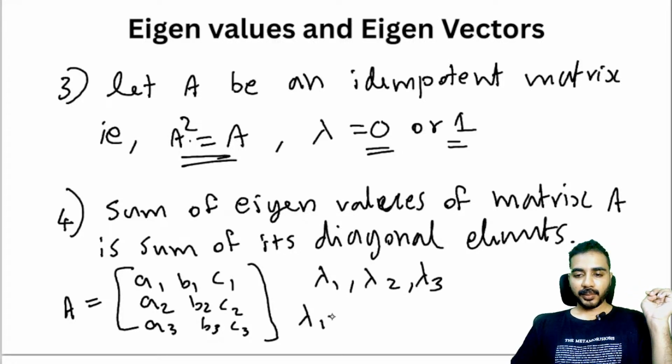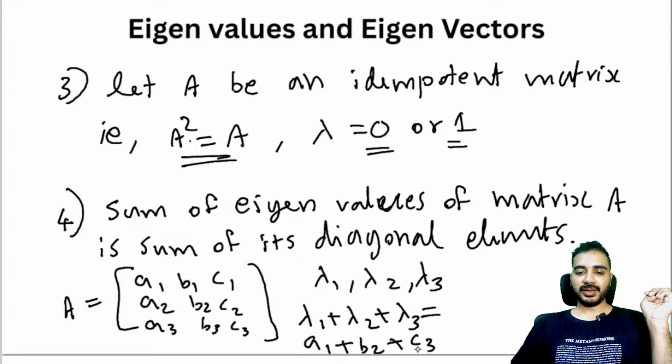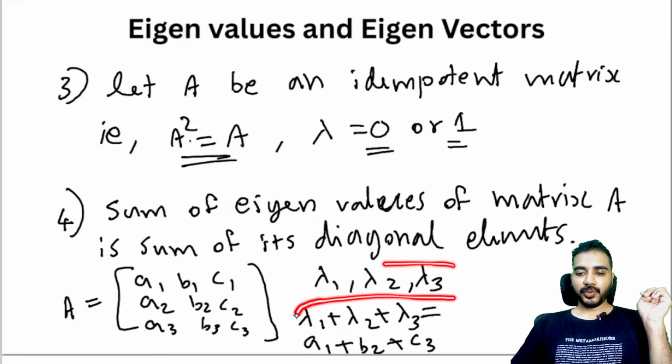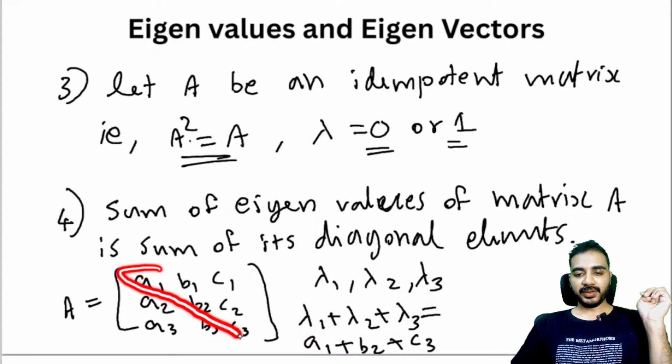Then lambda 1 plus lambda 2 plus lambda 3 is equal to A1 plus B2 plus C3. The sum of eigenvalues is equal to the sum of its diagonal elements A1, B2 and C3.